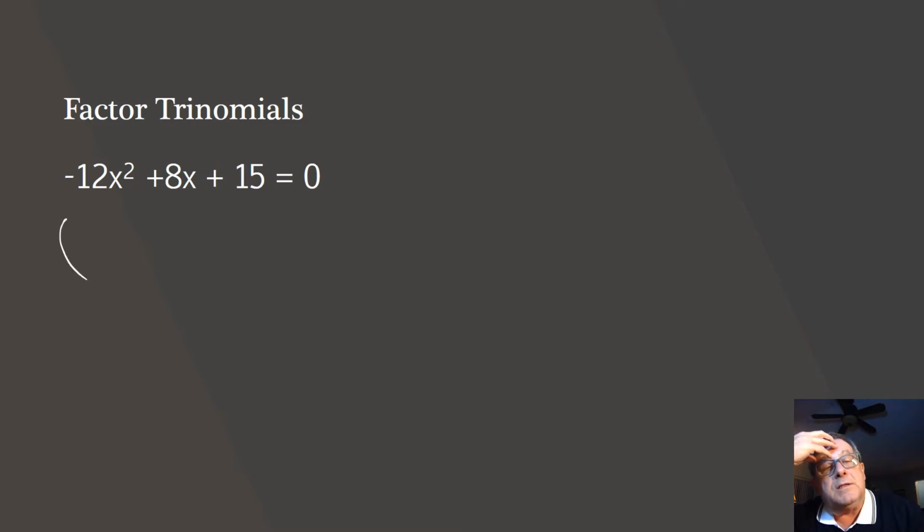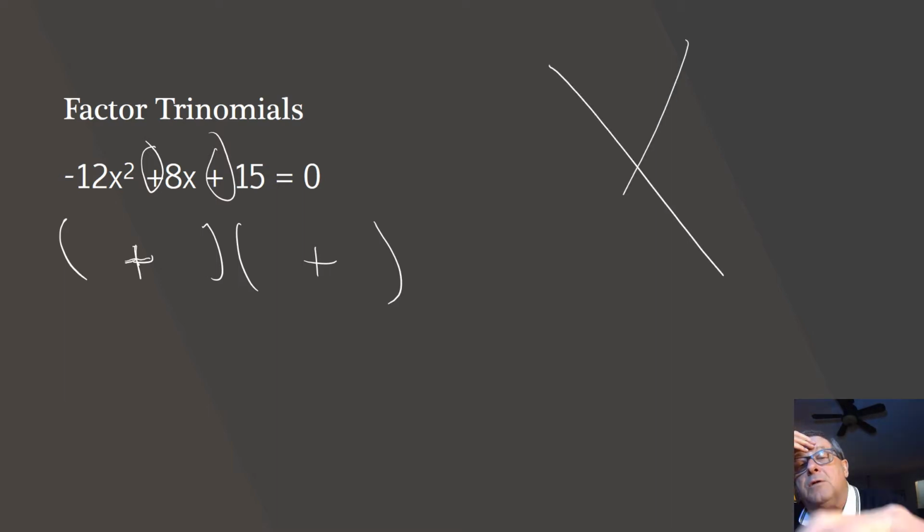Okay, well, I'm going to go ahead and set up my two parentheses. I know that inside my parentheses, my operation has got to be pluses, positives, because that's a plus and that's a plus. So in here, I got to have a plus, plus. Now, there's a method called slide and divide, and I don't really use it very much, so I probably just don't teach it very well.